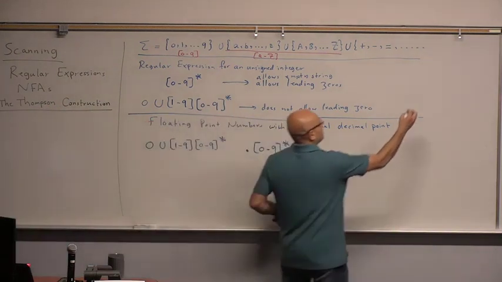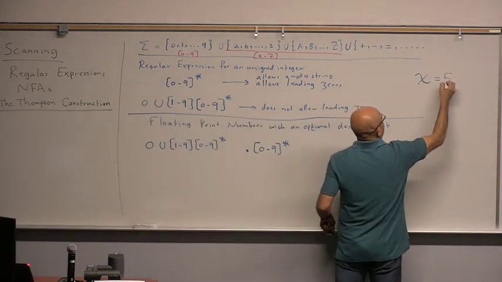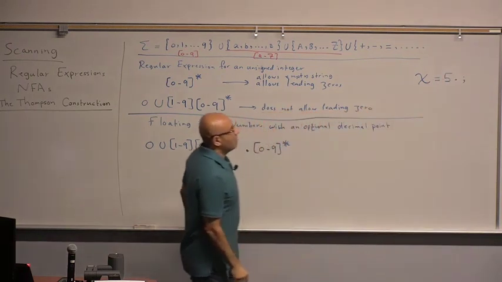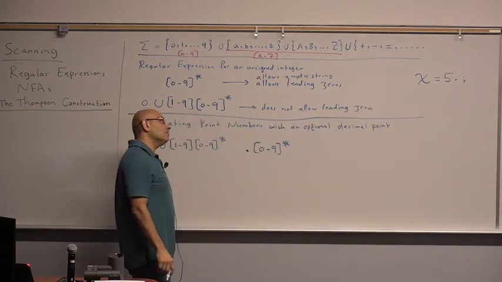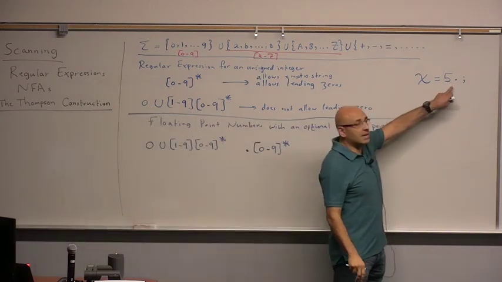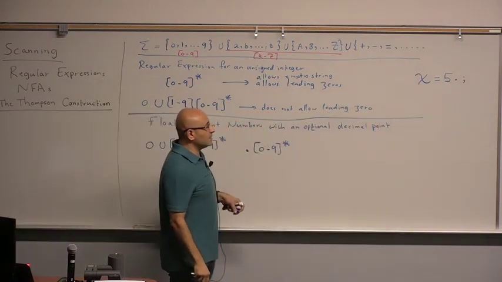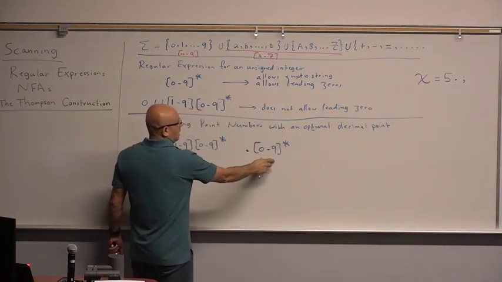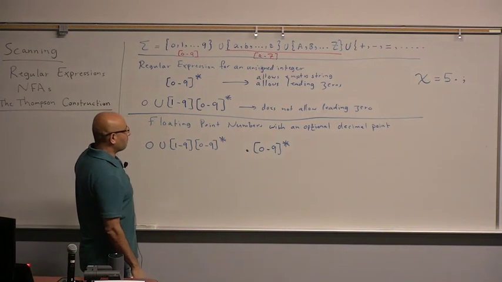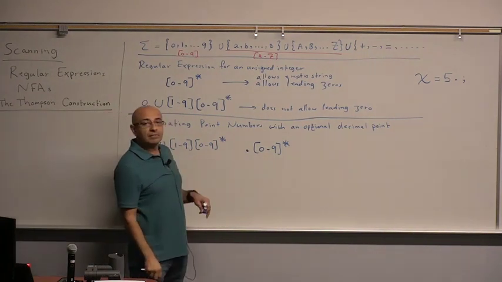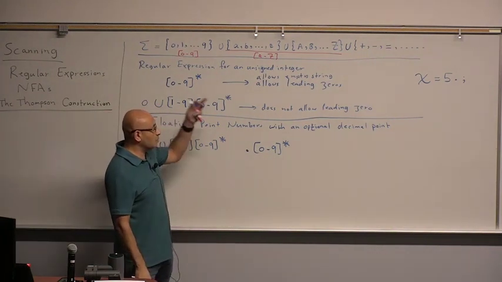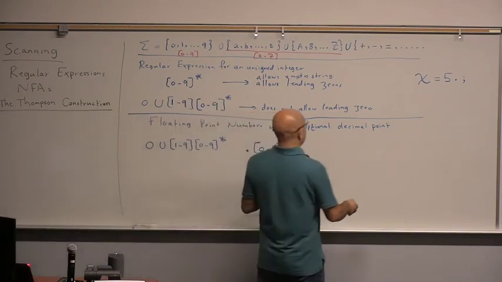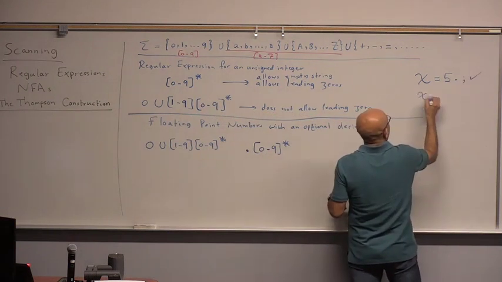If you write something like x equals 5 point, at least this is meaningful. So point nothing is like 0.0. So this allows you to have nothing after the decimal point, or it allows you to put as many zeros as you want.